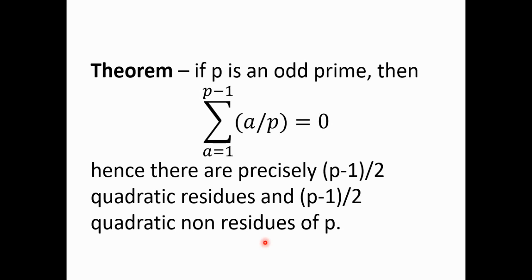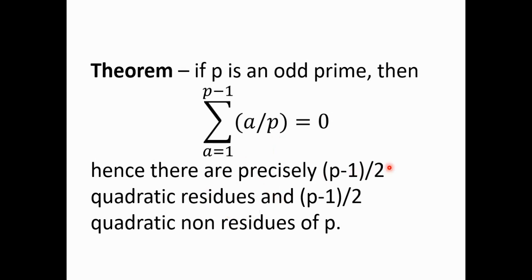Let's see another important result. Here if p is an odd prime, then we have to show that the summation of all the values of the Legendre symbol, that is, the summation of (a upon p) for a equal to 1 to p minus 1, is equal to 0, and hence there are precisely (p minus 1) upon 2 quadratic residues and (p minus 1) upon 2 quadratic non-residues, because a upon p has only two values, either 1 or minus 1, and if the summation of a upon p is 0, that means there are equal numbers of ones and minus ones.